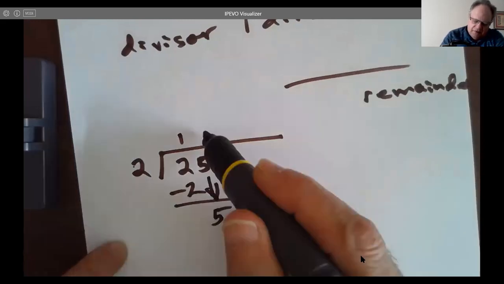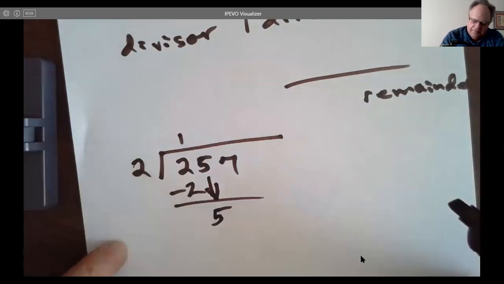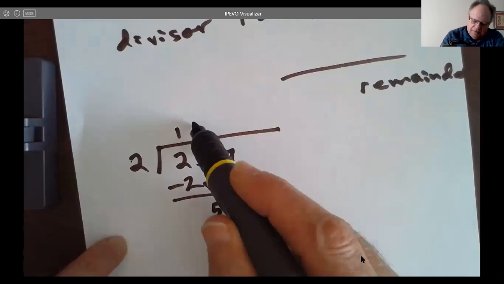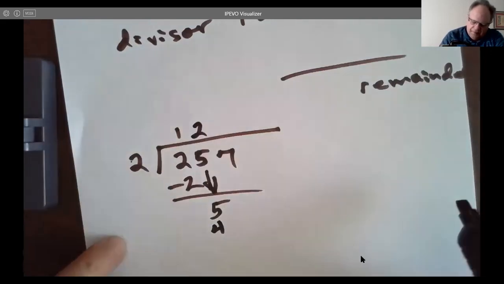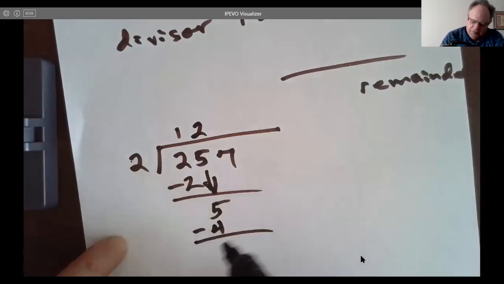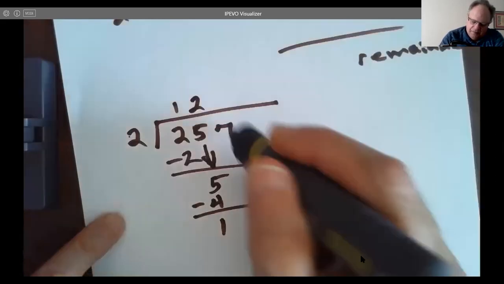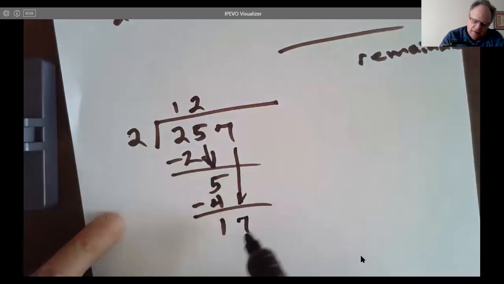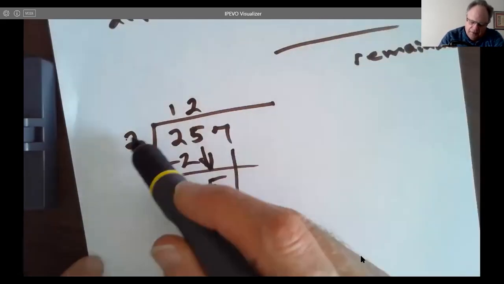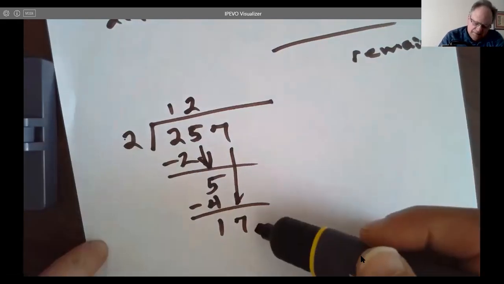And then we ask ourselves, what times 2 gives us 5? Well, 2 does, right? 2 times 2 is 4. And then we subtract. Well, 5 minus 4 is 1. Well, 2 doesn't divide into 1, so we have to bring the 7 down. So we ask ourselves, what 2 can divide into 17 how many times?